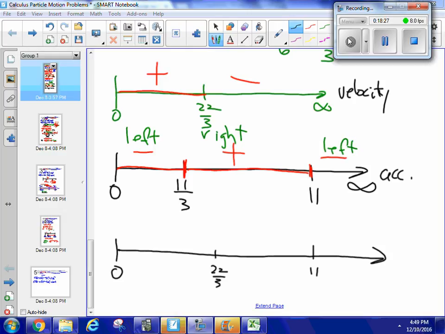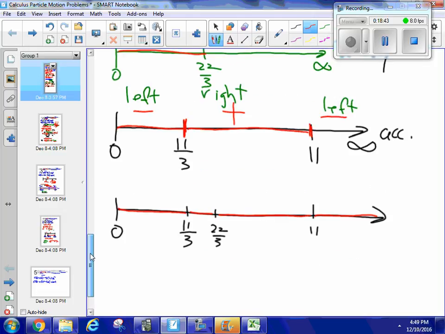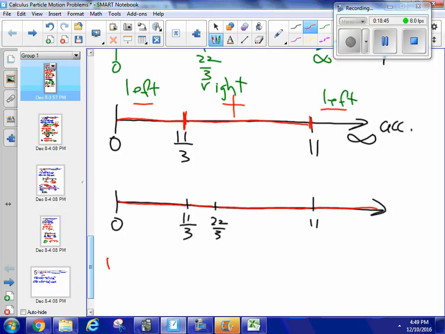So I have 4 intervals that I'm concerned about. Let's look at both acceleration and velocity. So here's velocity, here's acceleration.